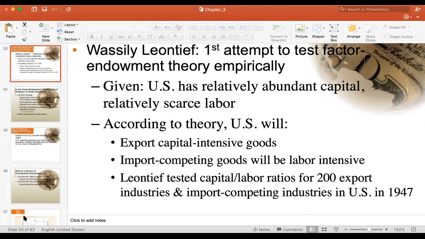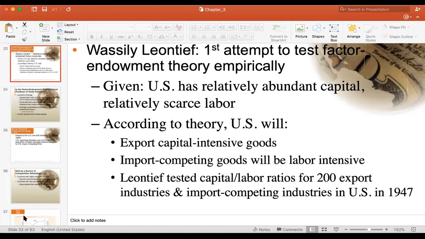To his surprise, Leontief came up with results that were pretty much contradictory to the HO model. So what did Leontief find from using this data on these 200 export and import industries for the US?